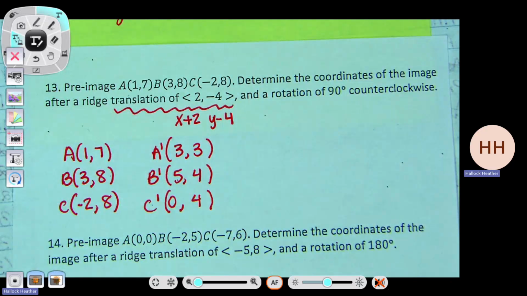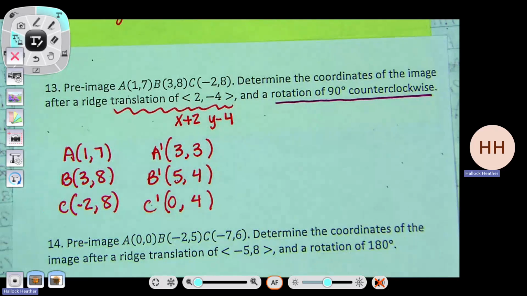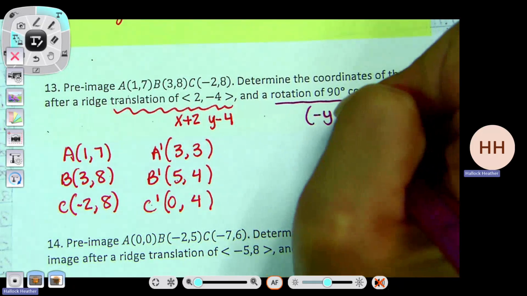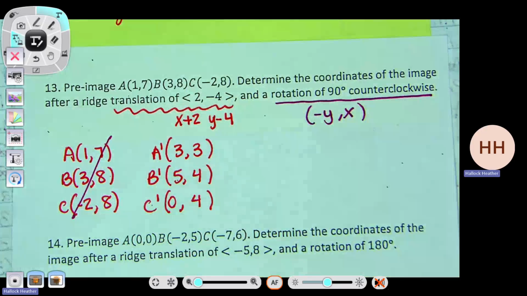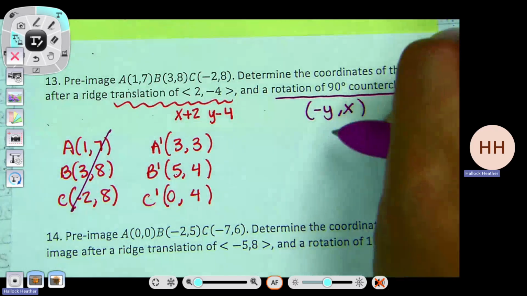So that's the first translation. That's my vector form, just left, right, up, down. The second part says I'm going to have a rotation of 90 degrees counterclockwise. What's the rule that I have to use? Negative y, x. So I am not using the original. I'm using the new ones I just made. So there's 2 things that are happening. I have to flip it and I change the symbol in the front.